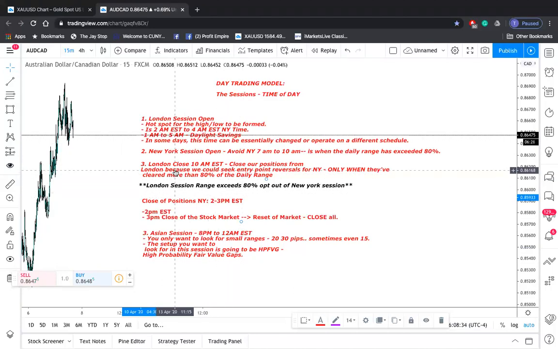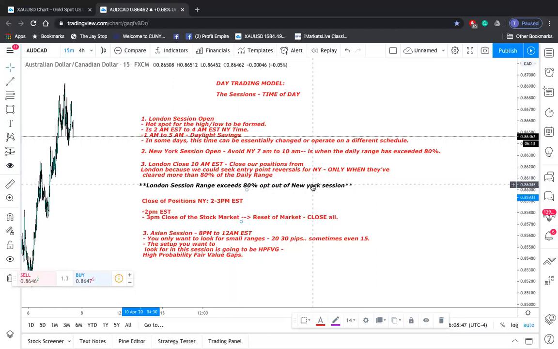The third part of New York is going to be London close at 10 a.m. Eastern. We close our positions from London because we could seek an entry point for reversals in New York City. We only look for reversals in New York City when and only when they've cleared more than 80% of the daily range in London session.